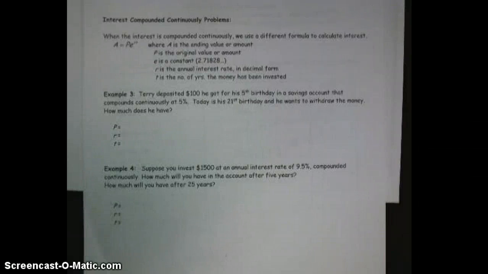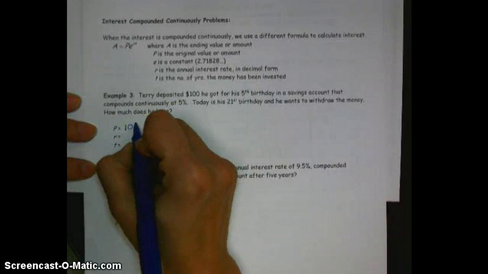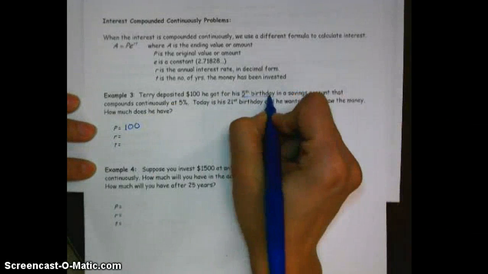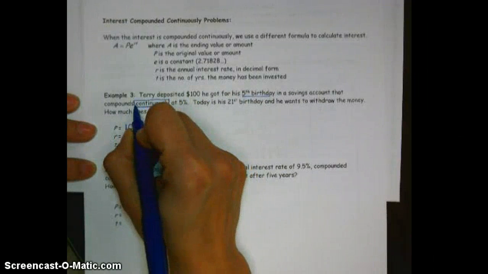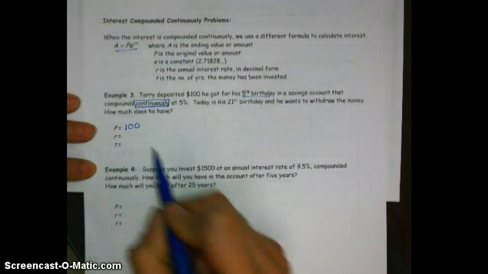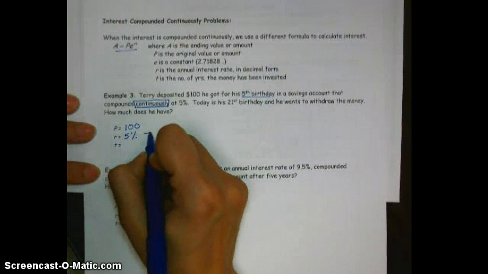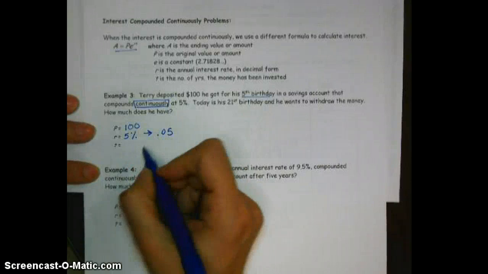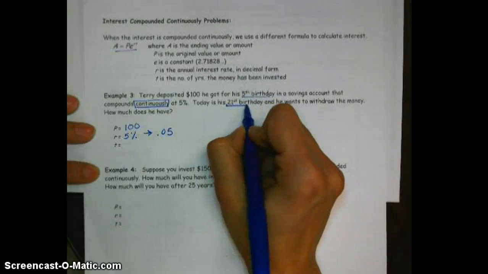So application problems here, Terry deposits $100, right? So that's our initial amount for his 5th birthday. It compounds continuously. So there's that word continuously. That reminds me that this is the formula that I have to use now. The rate is 5%. 5% as a number is 0.05. Okay, the time is going to be, we're doing this until he turns 21.